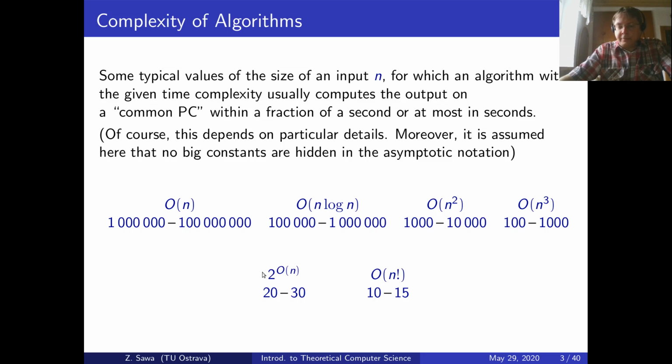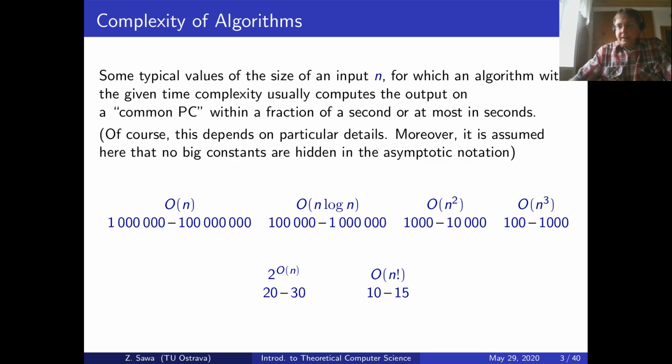But if we have exponential complexity like 2 to n or 2 to big O n, and it is really the case that this number of operations is performed for the given instance, then we could solve this problem for instances of sizes from 20 to 30 at most, typically not much bigger than this.